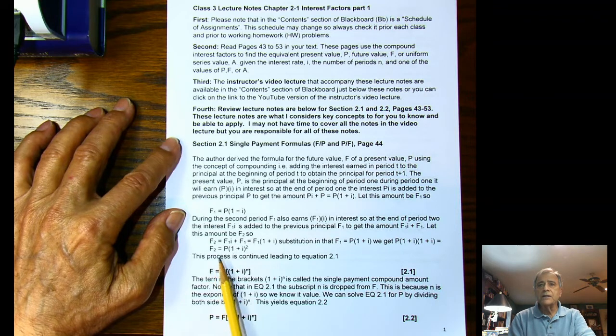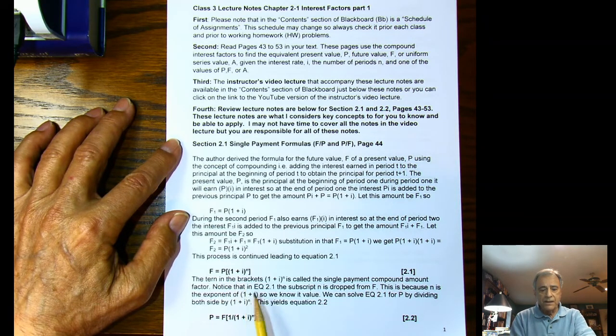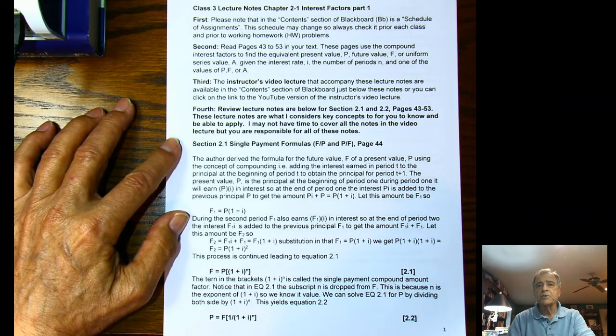And you can go on and prove by mathematical induction that after n periods, the formula would be F equals P times (1 plus I) to the n. Notice that we don't keep the n as a subscript to the F because we know what n is. It's up in the exponent of the (1 plus I) factor.